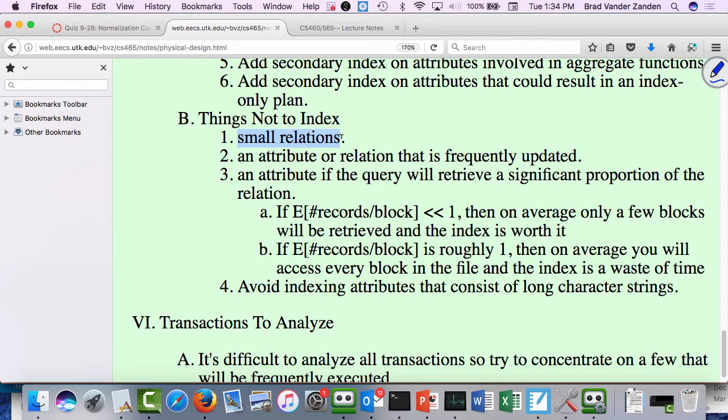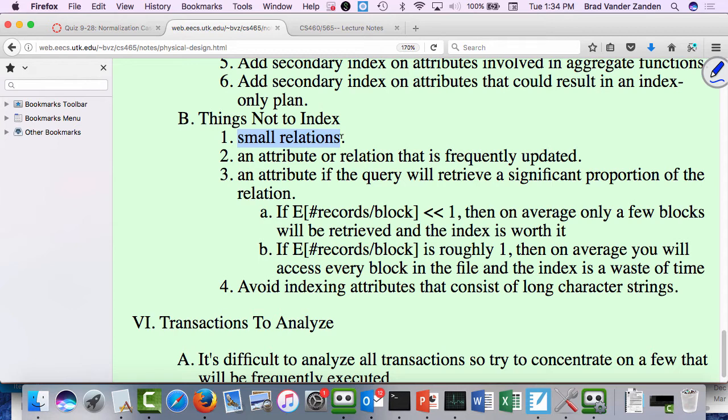One. Why index it if, remember, you have to read a block no matter what. You can't avoid reading the entire block. So why index something if it's going to occupy less than one block of memory? Because you're going to have to read it anyhow.